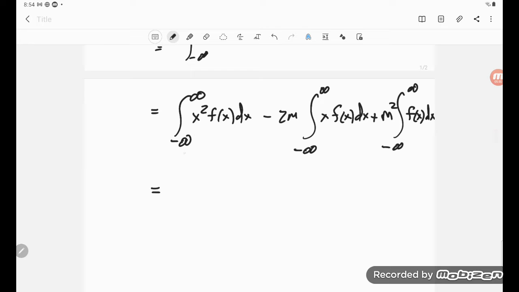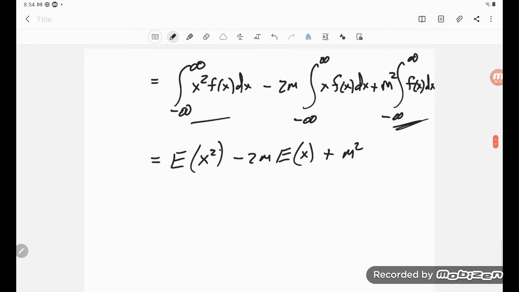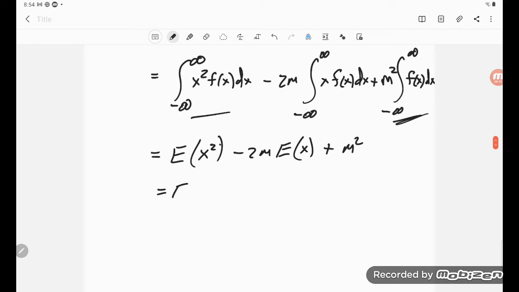So that's equal to, well, this first one is just the definition of the expected value of x squared. The second one is minus 2m expected value of x, and then plus m squared, because this last integral is just 1. Now, the expected value of x is just the mean, and so I have the expected value of x squared minus 2m squared plus m squared.